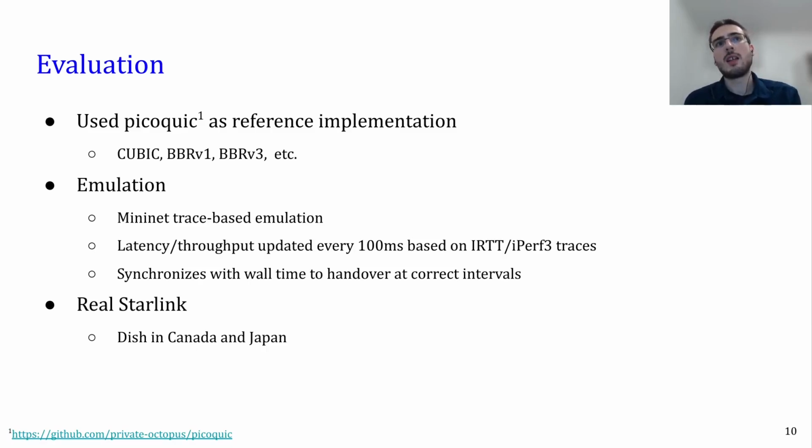In addition, it synchronizes with wall time to hand over at the correct intervals. We also do a preliminary evaluation on real Starlink with dishes located in Canada and in Japan.